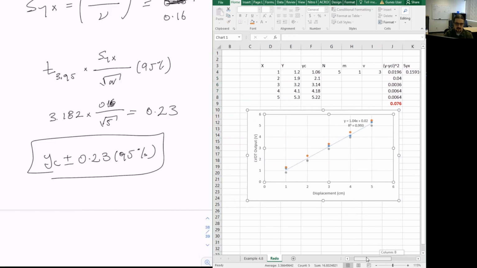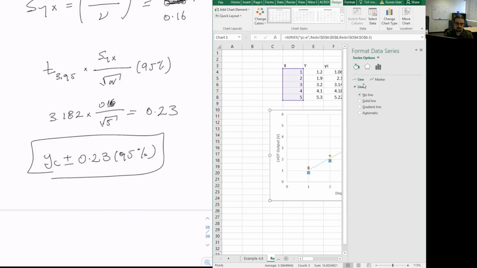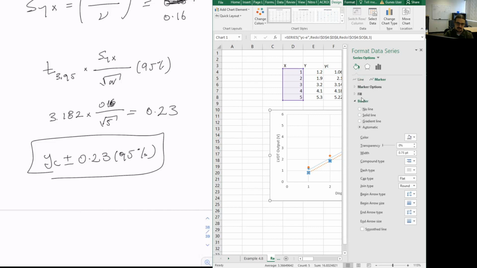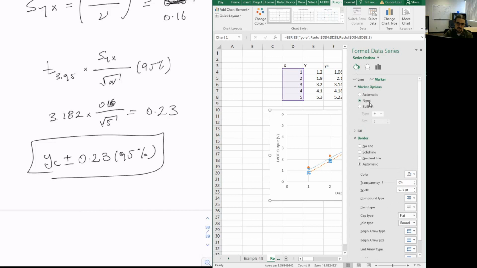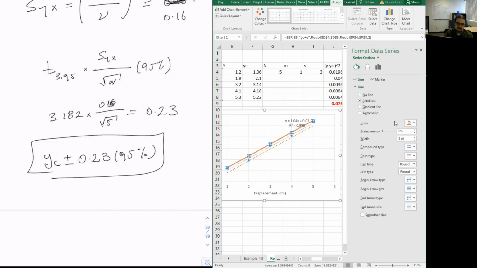Let's make it a little bit more visually appealing. I'm going to show a solid line, but give it a dash type, and make the color orange, and then in the marker options, no markers. And go to the other one, and we'll say no markers, line will be solid line.